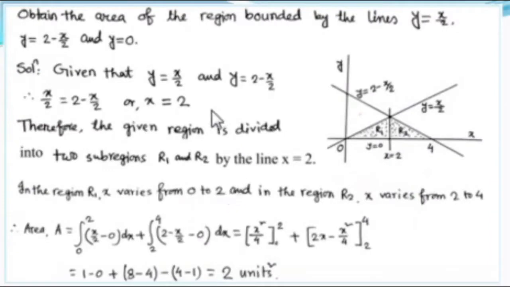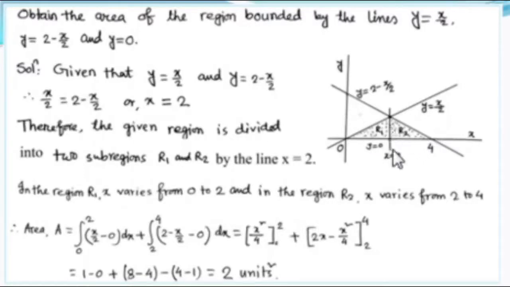Dear students, another problem: obtain the area of the region bounded by the lines 1, 2, 3. There are 3 lines, so at first you have to draw these 3 lines. আমাদের প্রথমে এই তিনটা লাইন ড্রয়িং করে নিতে হবে. ড্রয়িং করে দেখতে পেয়েছি this region is consist of different graphs, different straight line দ্বারা আবদ্ধ.